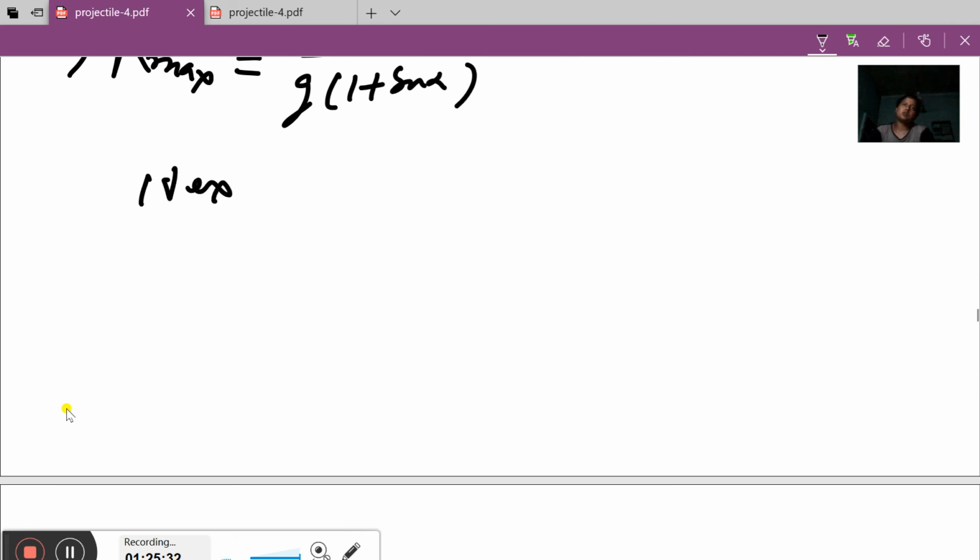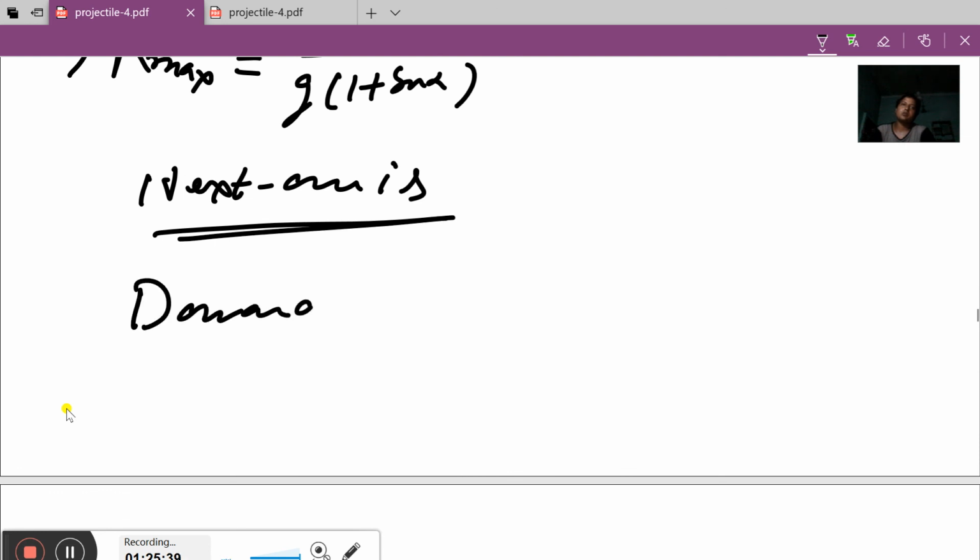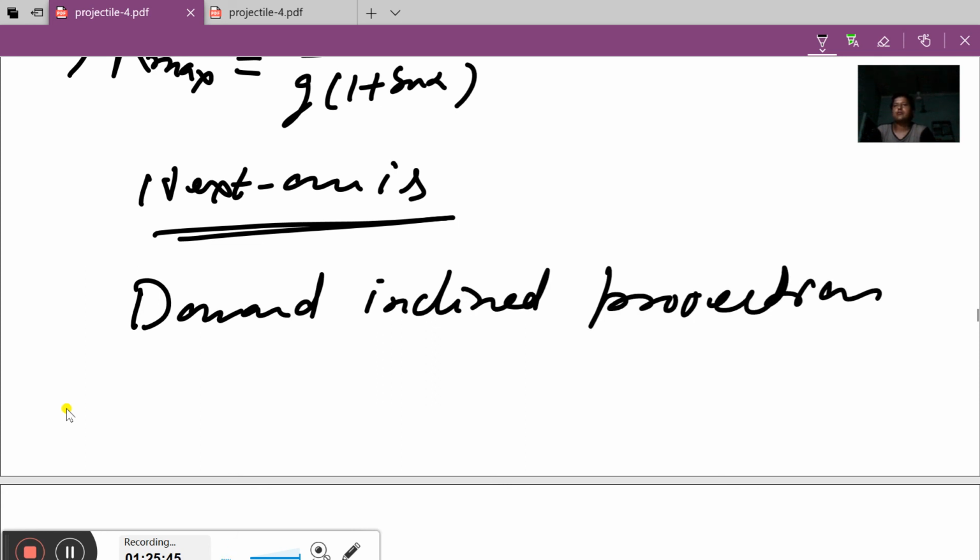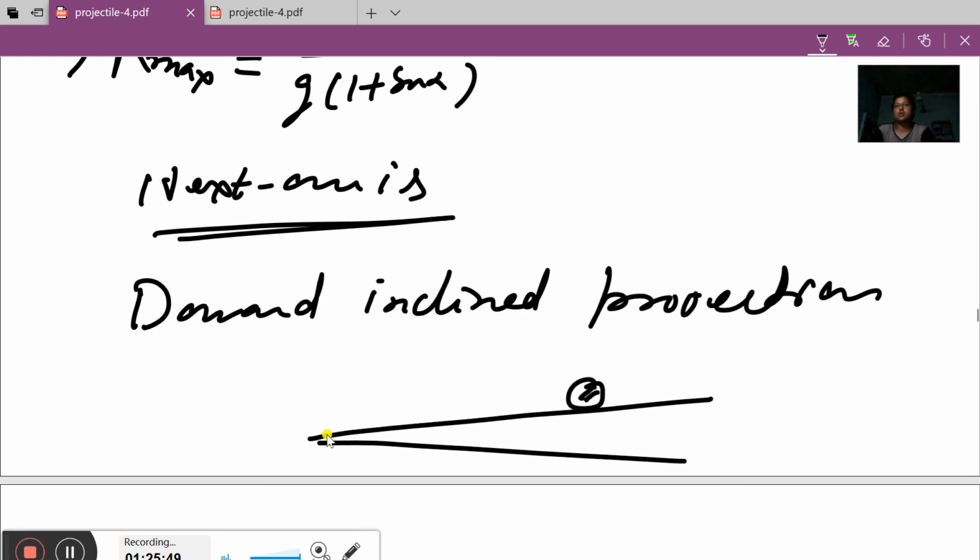Next one is downward inclined projection. In this case we have to project a body from the inclined plane downward.